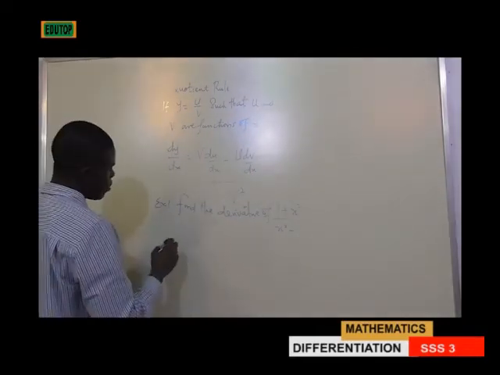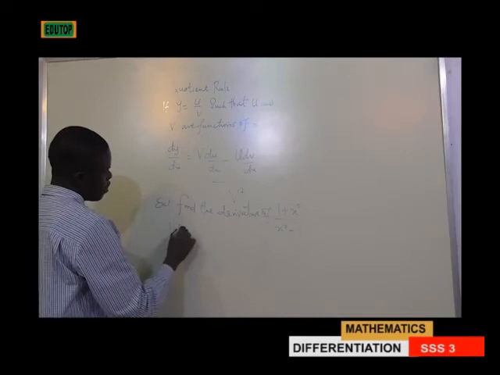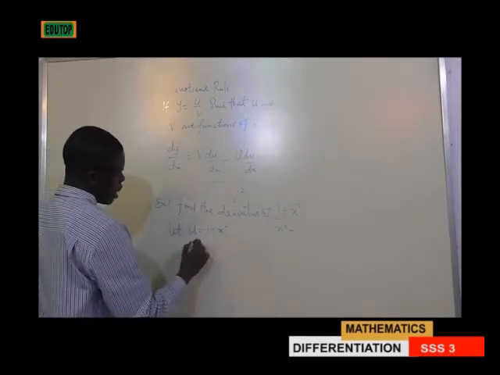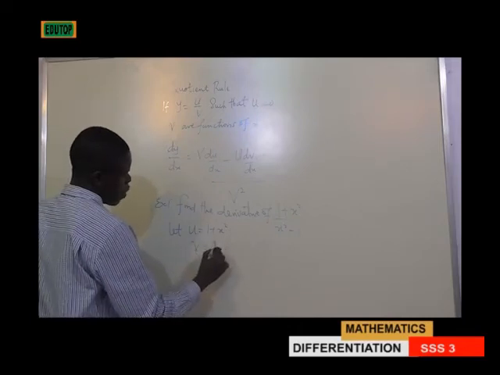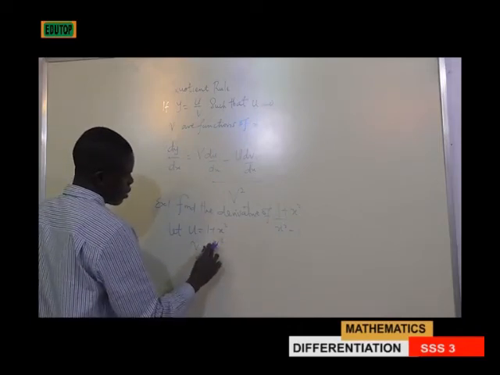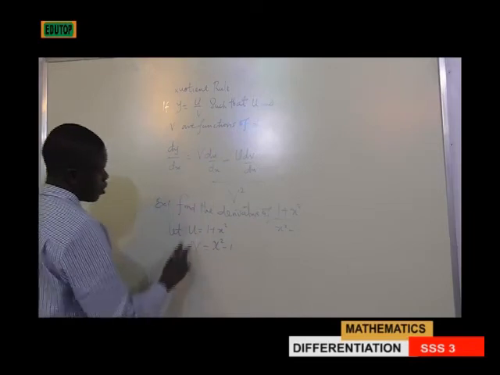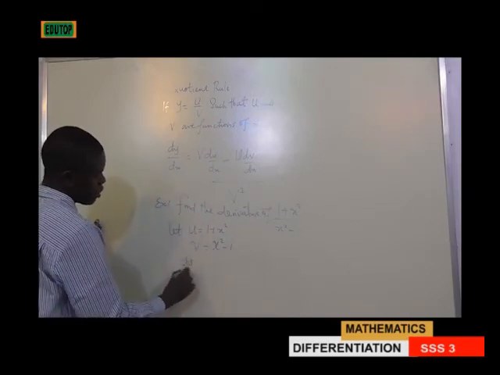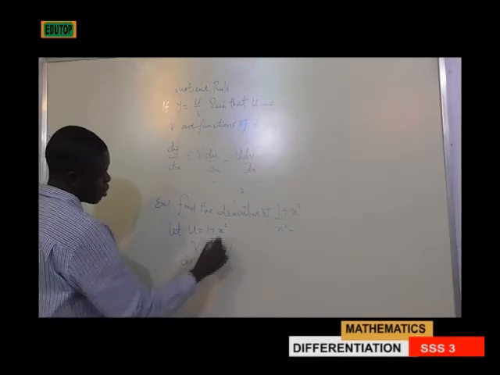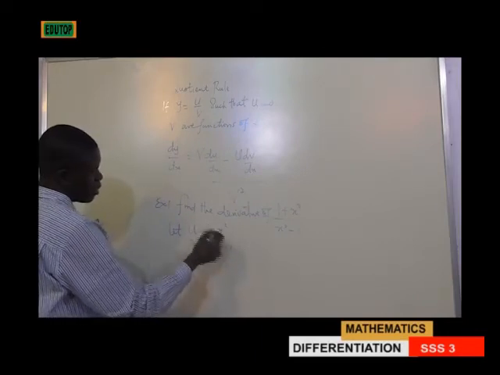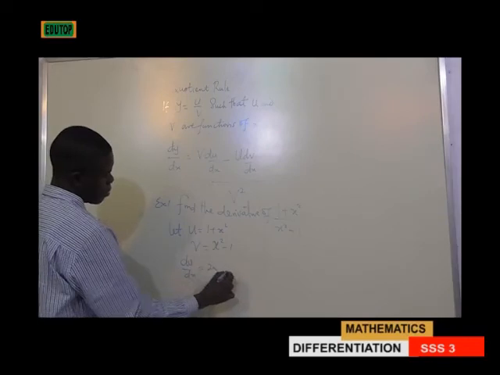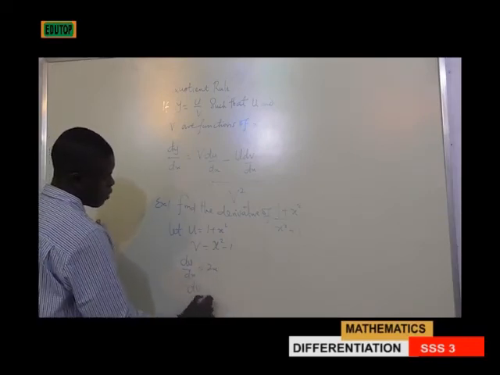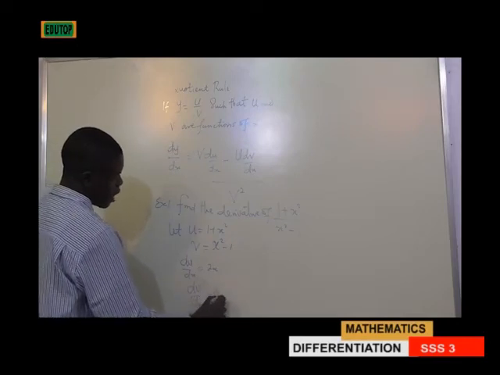Then here you assume that let u be equal to 1 plus x squared. Then your v is equal to x squared minus 1. So let's differentiate u. du/dx will give us, differentiate the constant 1, 0, differentiate this, 2x. dv/dx will give us 2x.